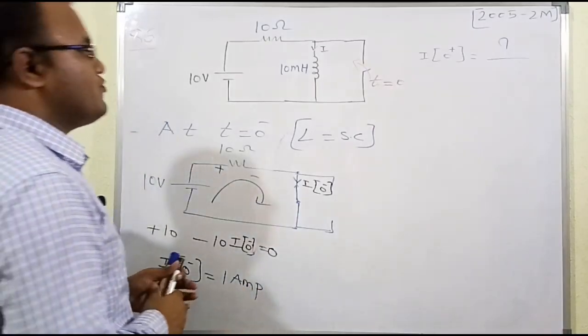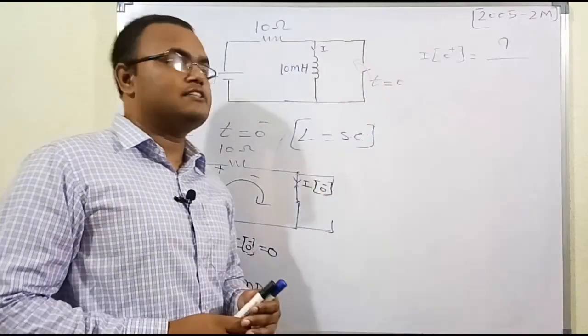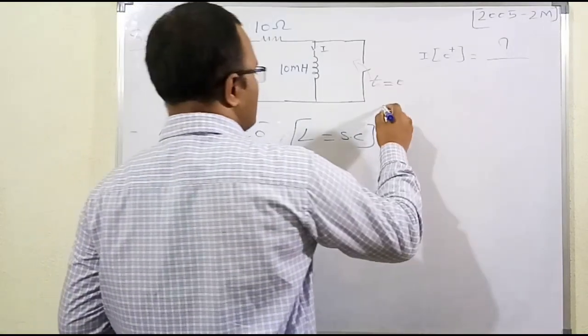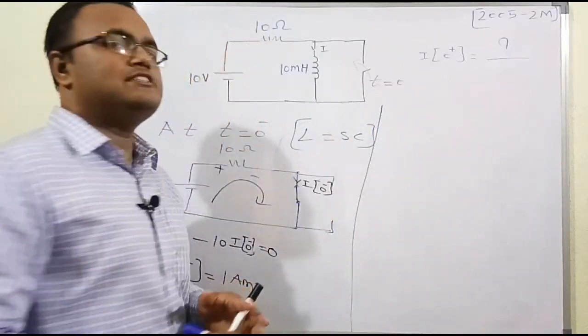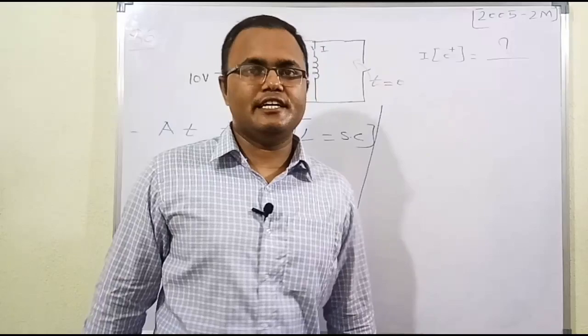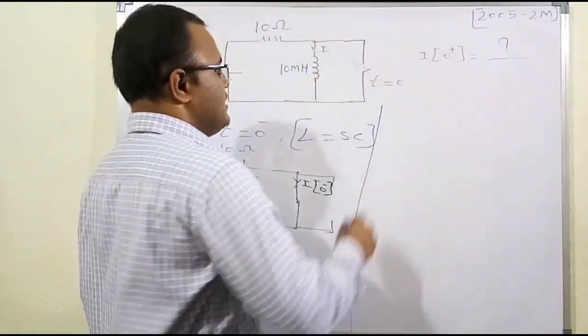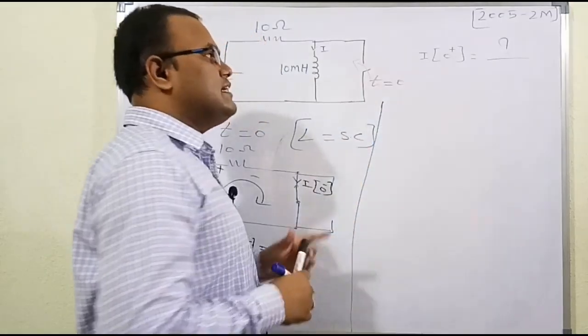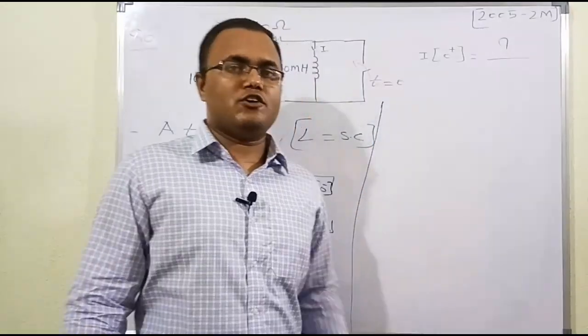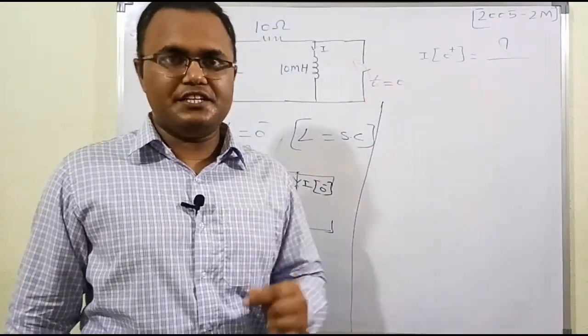But we need to find the current in the inductor at t is equal to 0 plus. In an inductor, current doesn't increase instantaneously. It means the current in the inductor grows slowly. So the current in the inductor and the voltage across the capacitor don't change instantaneously.